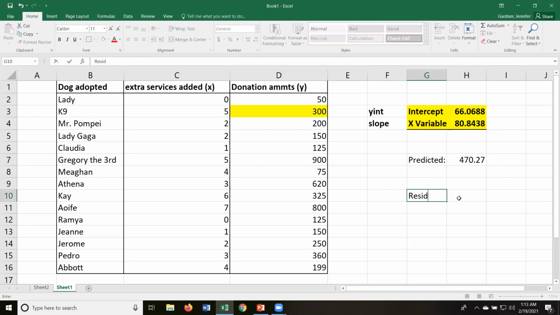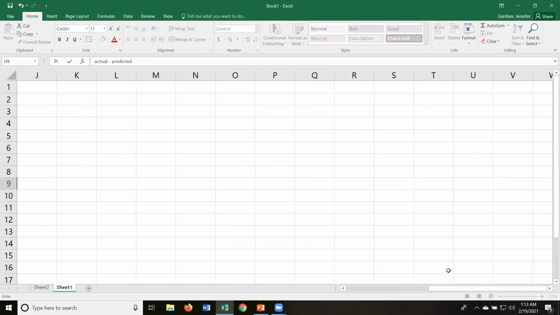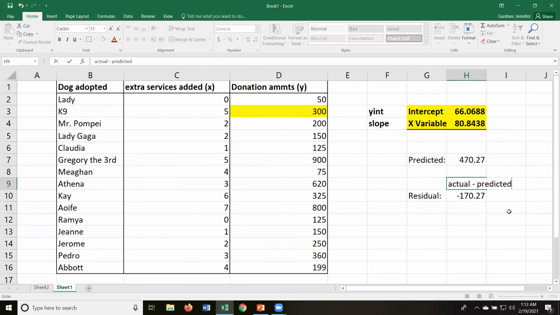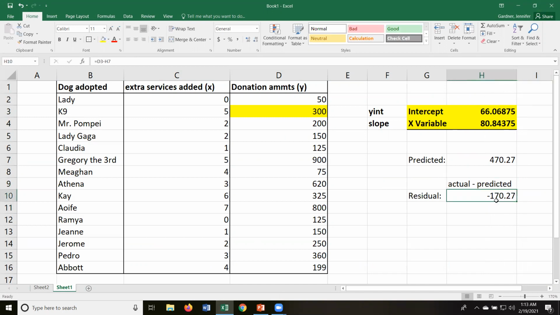So the difference, also called a residual, is the actual minus the predicted. Actual minus predicted. Because this is just an average donation. It's not an exact value. And so we see that the actual person was below the average by $170. So minus 170.